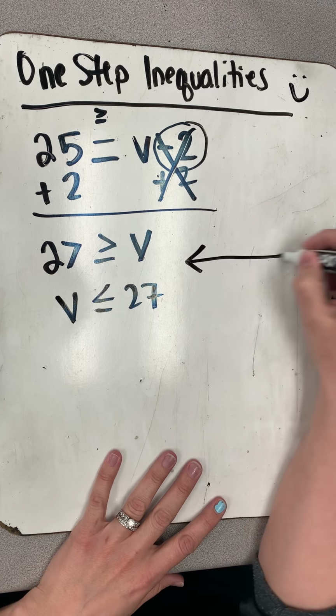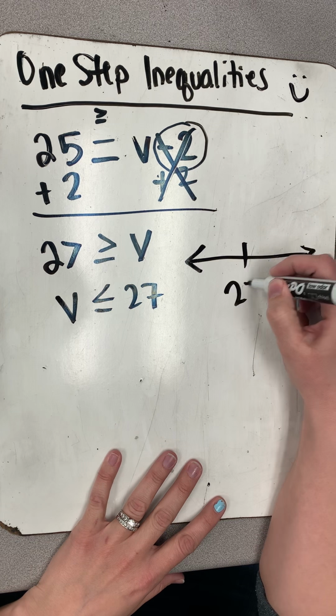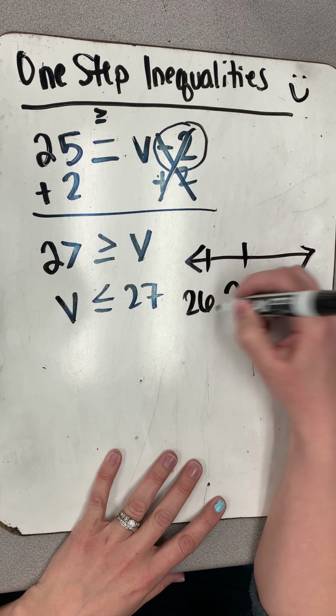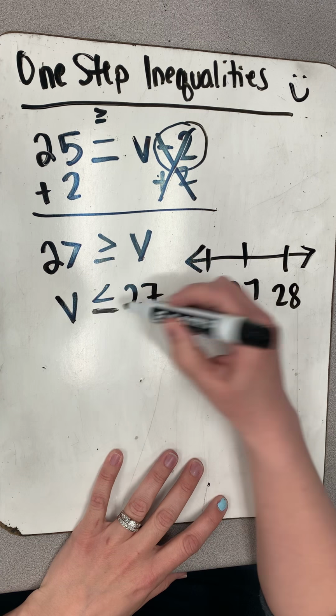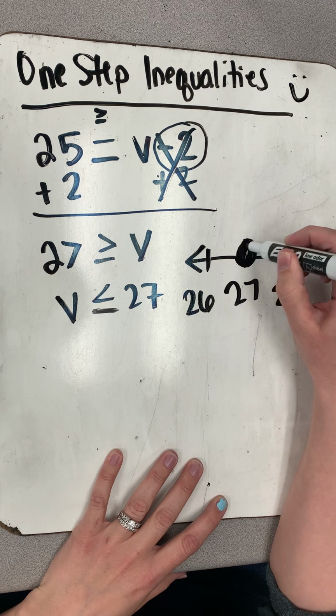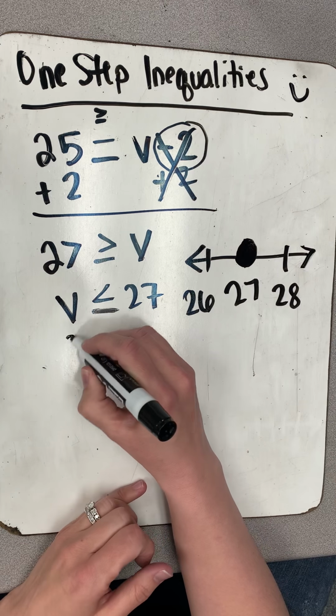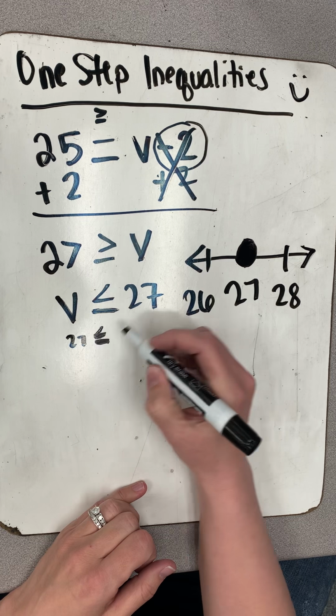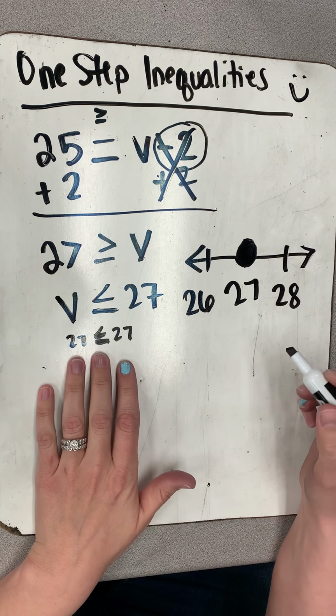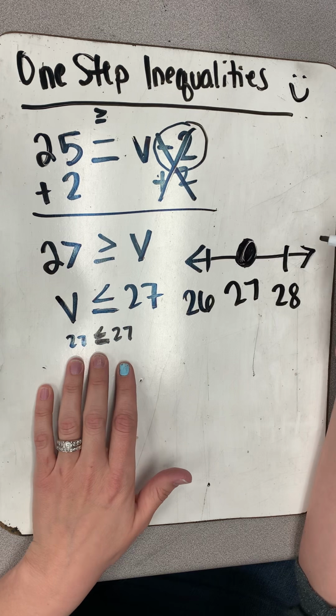And then on a number line, if we have 27, we have 26, and we have 28, because there's this equal to sign with it, we close that circle. We're saying we're including 27. So 27 is less than or equal to 27. That's true, so we include it.